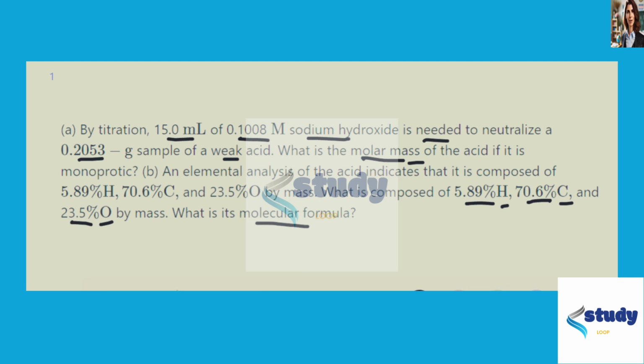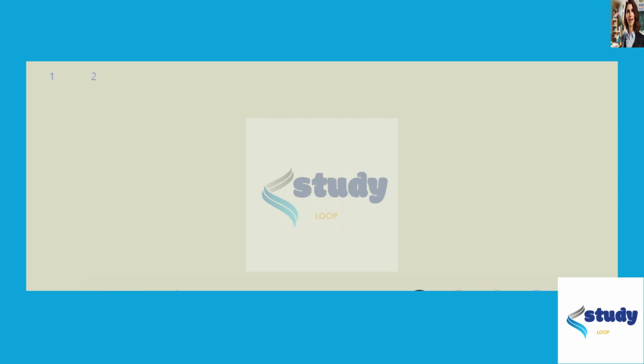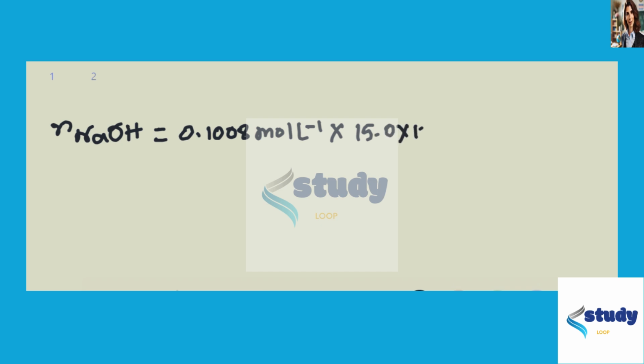So first we have to find out the molar mass of the acid, and we will do that by finding out the number of moles of the sodium hydroxide from here. So the number of moles of sodium hydroxide will be its molarity times volume, which will be 0.1008 molar or mole per liter times the volume, which is 15 milliliter or 15 times 10 to the power minus 3 liter.